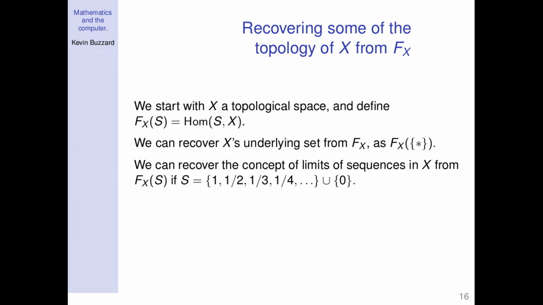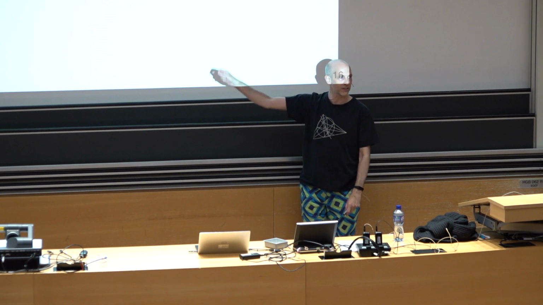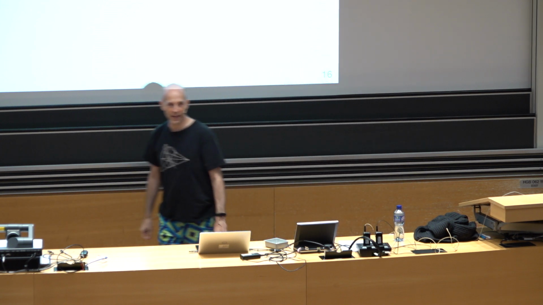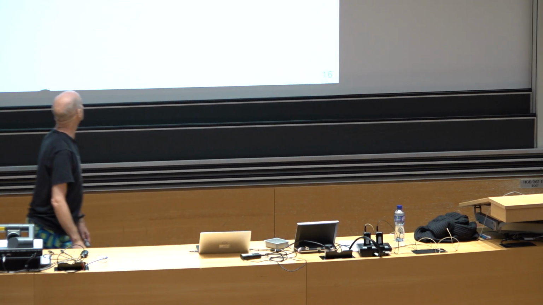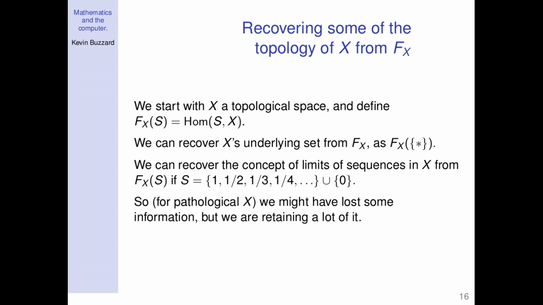So we might have lost the topology, especially if X is super pathological. But clearly, we've not lost much of the topology. We can still talk about the limit of a sequence, even if we only have the functor F_X and not X. So it's not unreasonable to think about F_X as having some kind of geometry or some kind of topology.